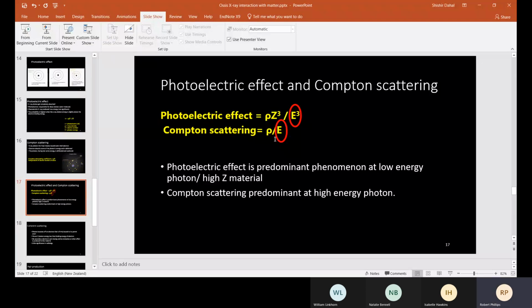And in low energy, contrast gives a lot of photoelectric effect. Whereas Compton scattering is predominant at high energy photons. But we have to remember, in high energy, overall attenuation decreases because the X-ray beam is more penetrating and the attenuation is less in that situation.